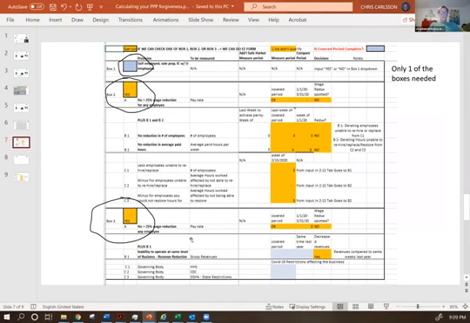Now, box 3 is the same thing. Did we or did we not decrease the rate of pay by any employee by more than 25%? The answer is no, we did not.